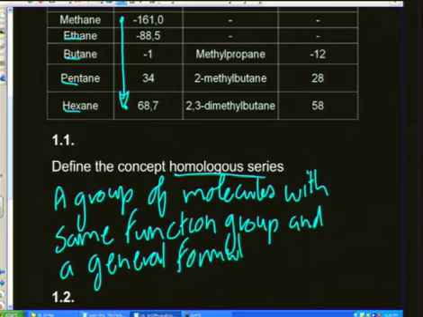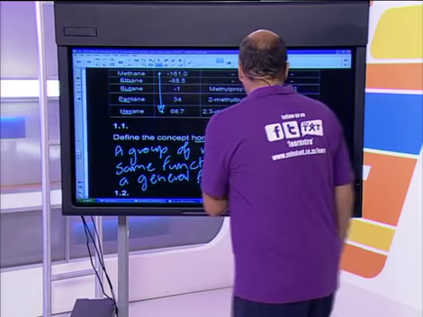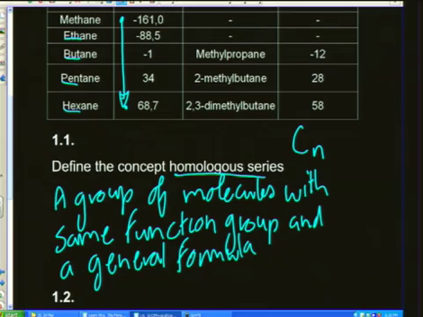So all the members of this family or group obey the general formula. We did it earlier, and we said for the alkanes, CnH2n+2. So there's the general formula.